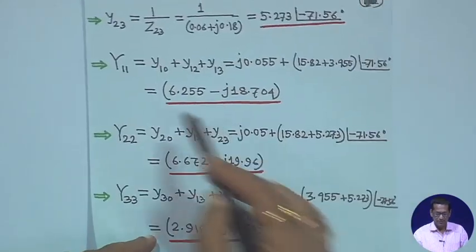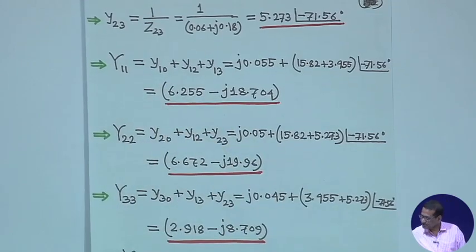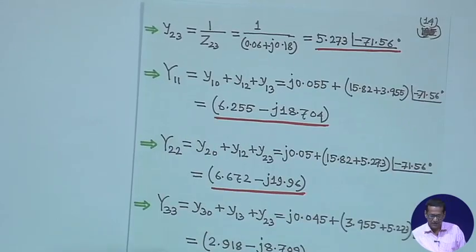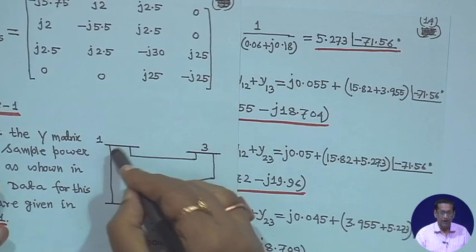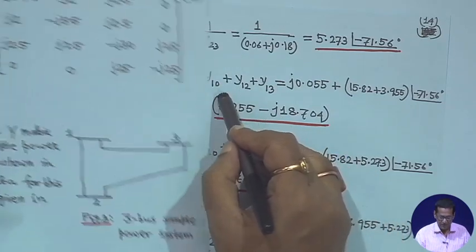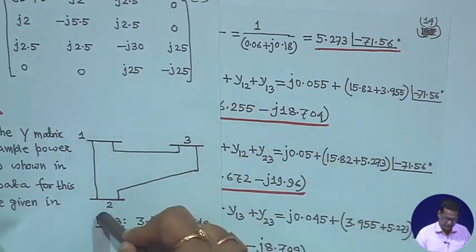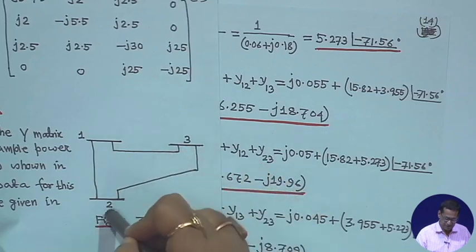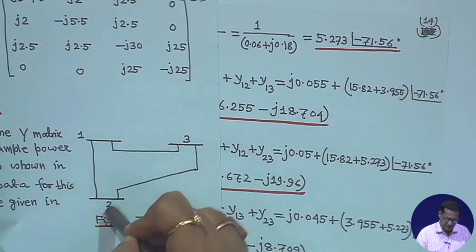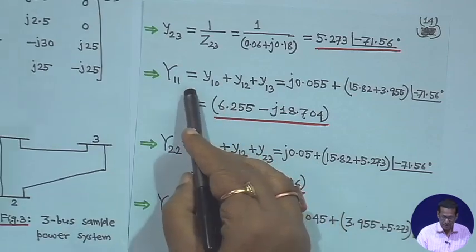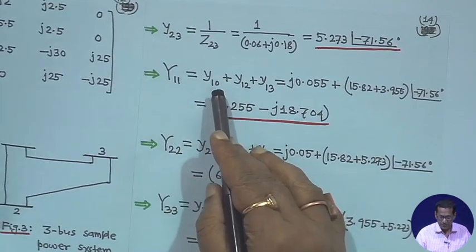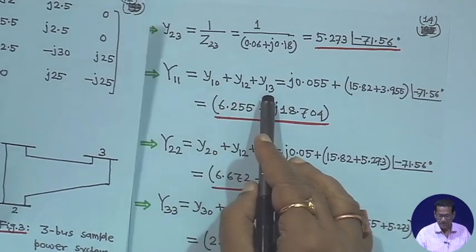Therefore, y11, look at this diagram. Capital Y11 is equal to Y10 plus the lines connecting bus 1 to bus 2 and bus 3. Therefore, capital Y11 is equal to Y10 plus Y12 plus Y13.